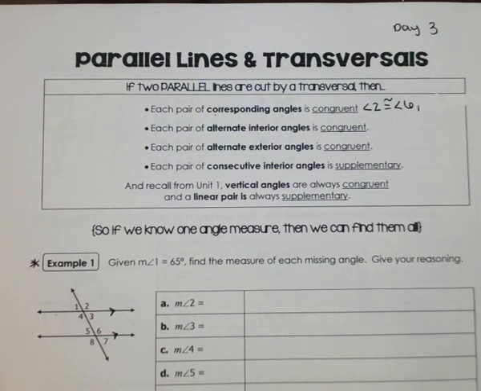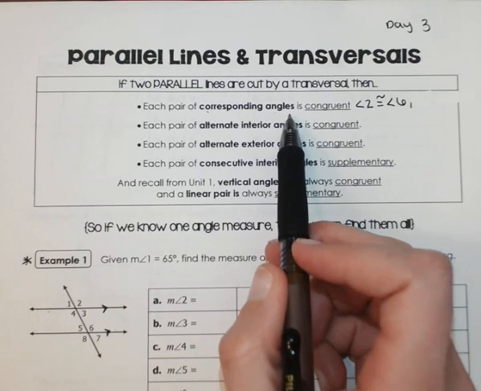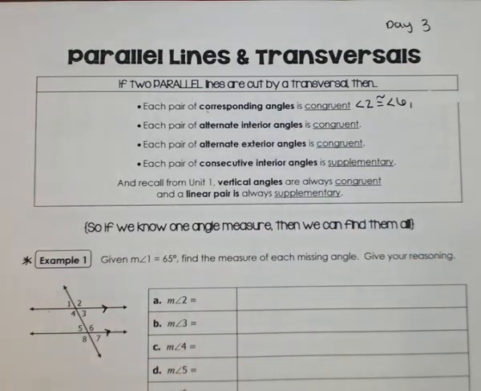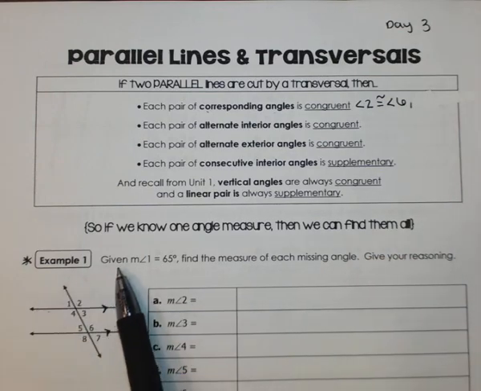The first angle relationship formed by the transversal and the parallel lines is called a corresponding angle. The definition, and I would write this down since it's not on your notes, is angles that lie on the same side of the transversal in the same position. For example, angle 2 and angle 6 are both on top of each parallel line and on the right hand side of the transversal.